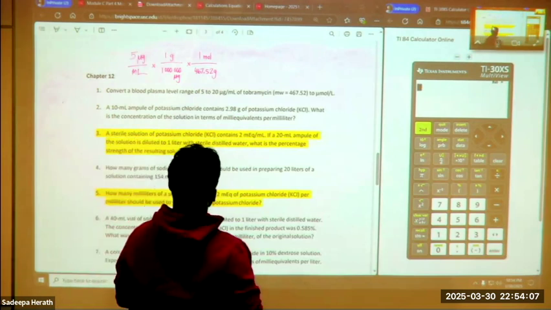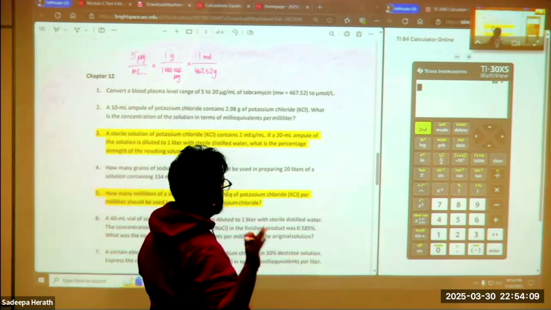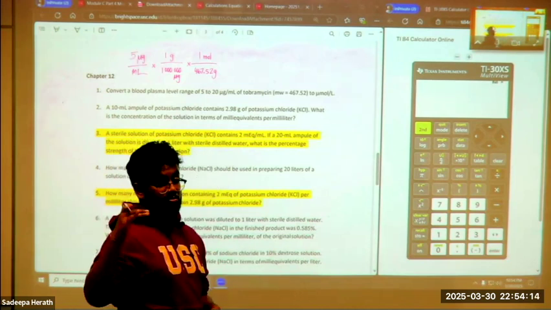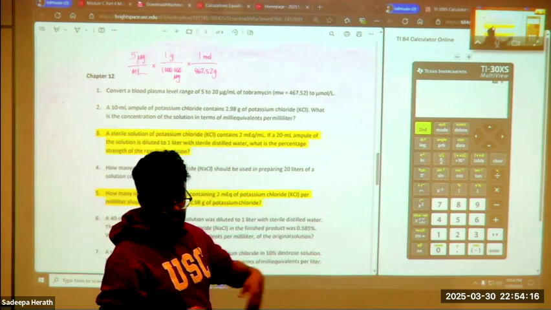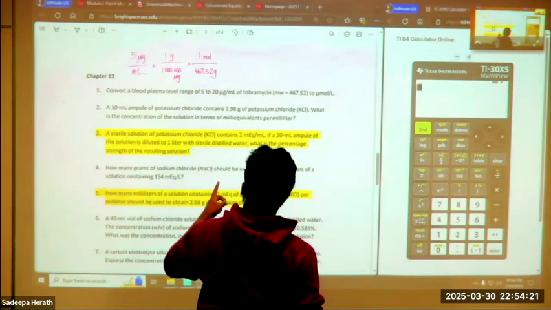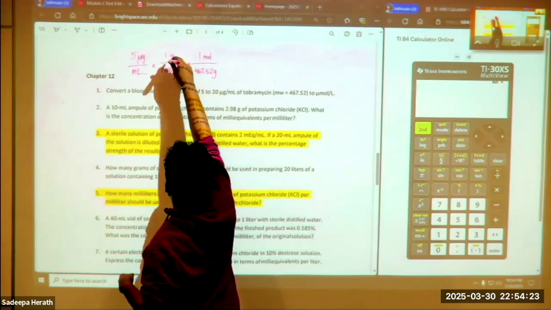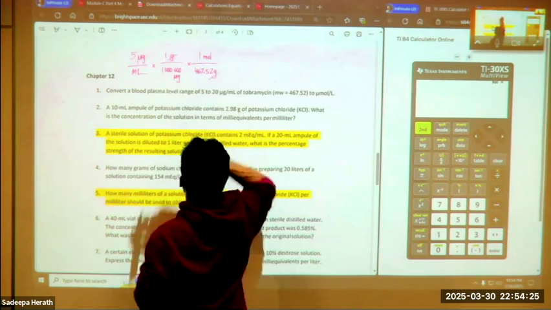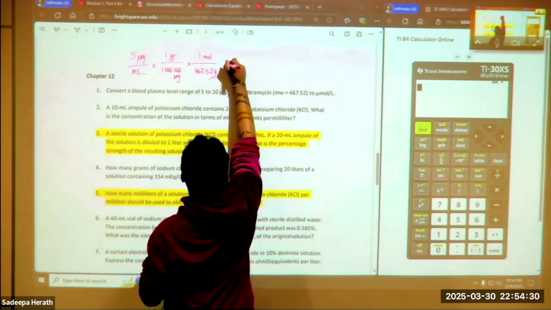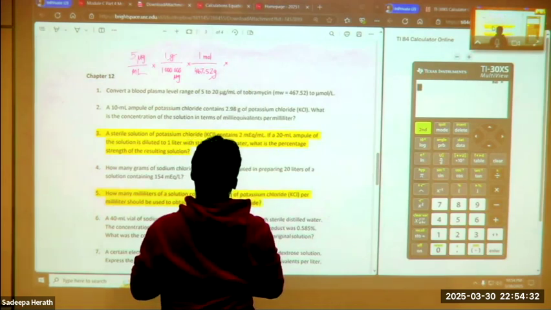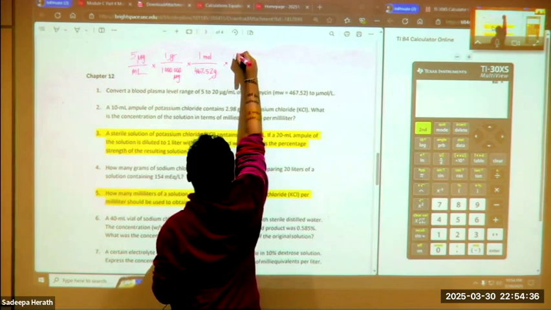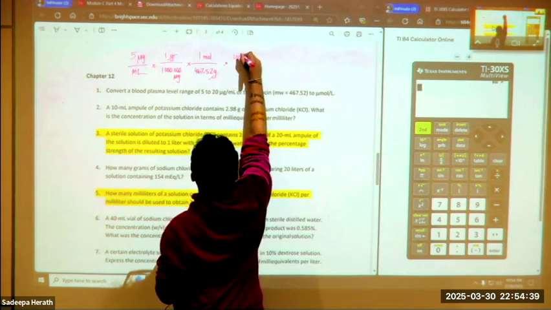So mole is the standard unit, like gram is the standard unit for grams, micrograms, milligrams, whatever. Now we need to convert. So grams is crossed out, and we have moles. What we're asking for is micromoles. So we need to multiply by how many micromoles in 1 mole? It's 1 million.